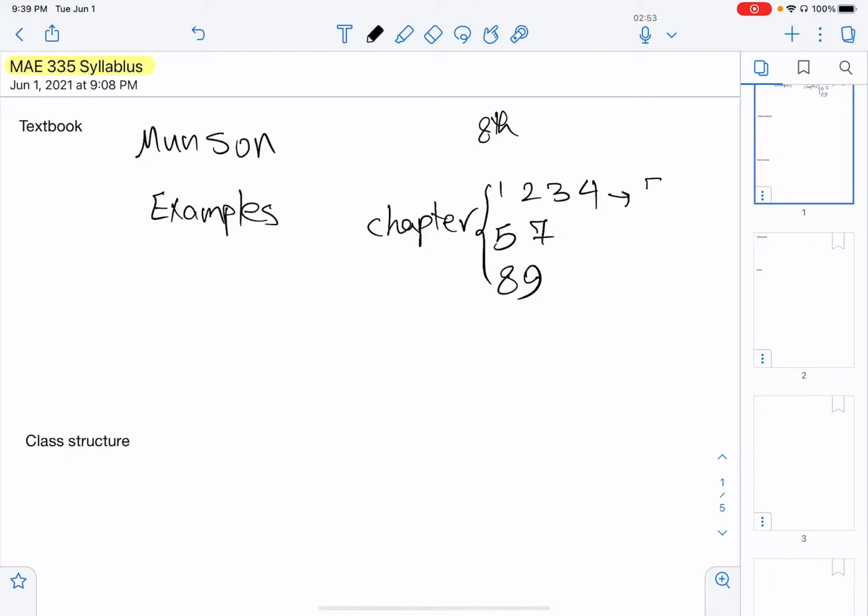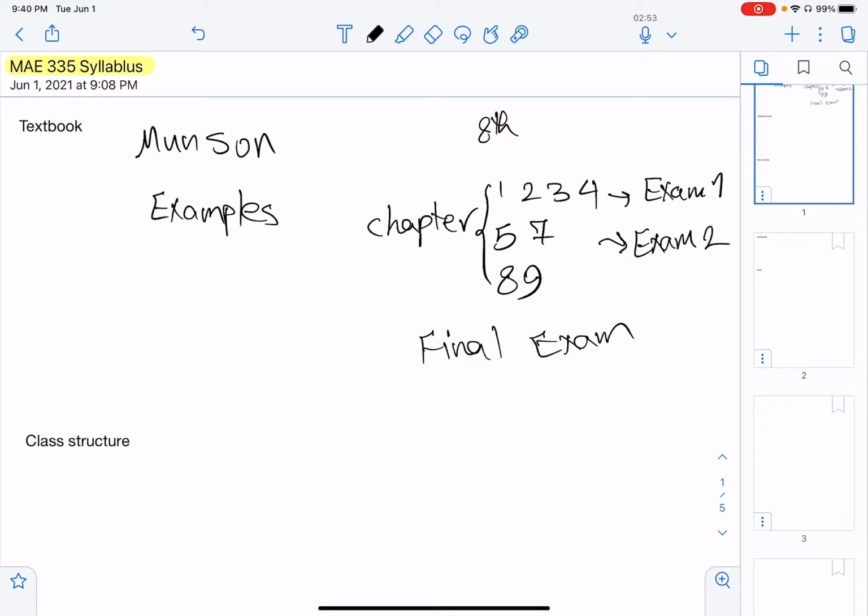So exam 1 includes these 4 chapters, and then exam 2 includes chapters 5 and 7, and the final exam is going to be a comprehensive exam, so it's going to include all of the chapters that I'm going to teach you in this class. So these are all the 3 exams that you have in this course.